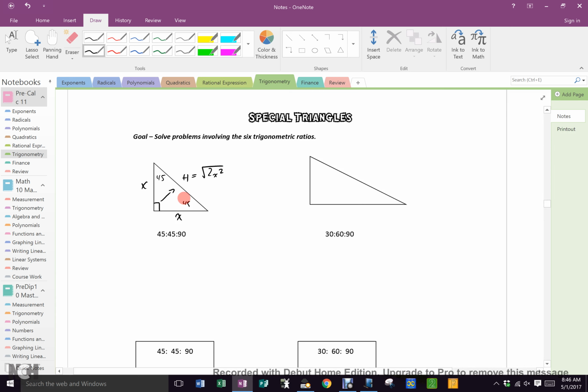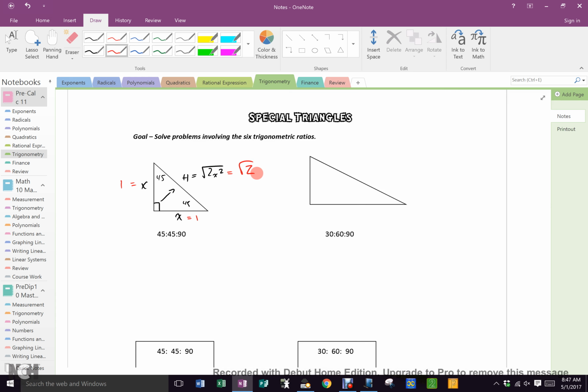This triangle, no matter the size of x, will follow a pattern, all right? And the pattern is this. What is the easiest number I can make x right now? 1. X is 1, x is 1. So what is the hypotenuse? Root 2. Is everybody cool with that?